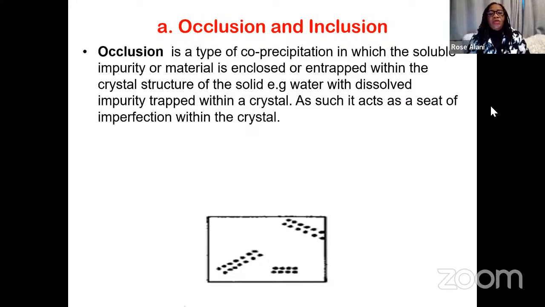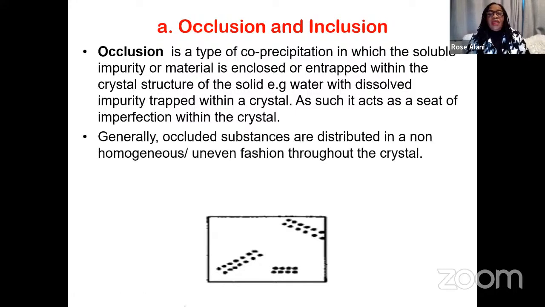That is occlusion. Example, the water with dissolved impurity can be trapped within the crystal, and so this acts as a seat of imperfection within that crystal. As you can see, the crystal here, and you see the inclusion, the other co-precipitate that are trapped within the crystal of what we are actually looking for.